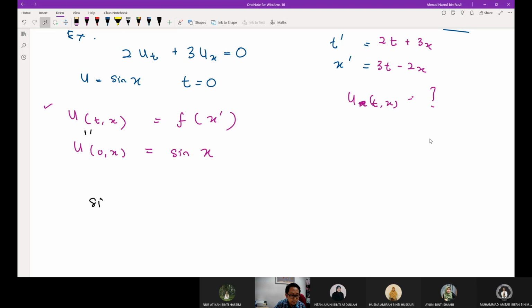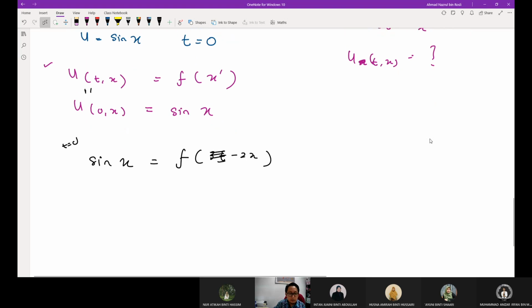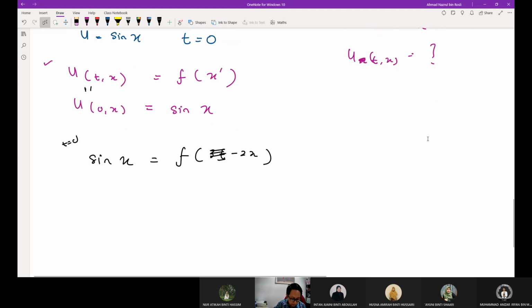So we have here sin x is equal to f with the x prime. X prime will be 3t minus 2x, but right now sin x is t equal to 0. So t equal to 0, this one is equal to 0. So we have f, the function of the minus 2x.